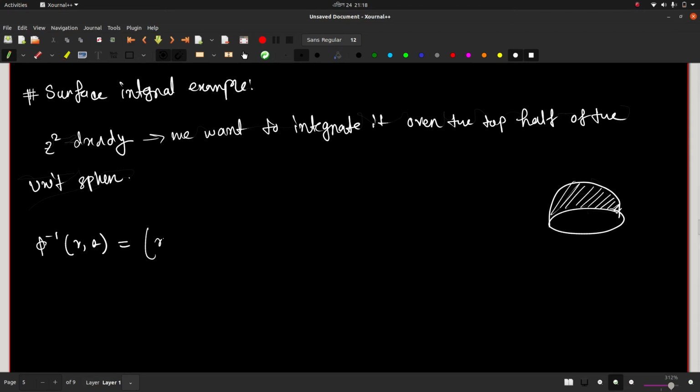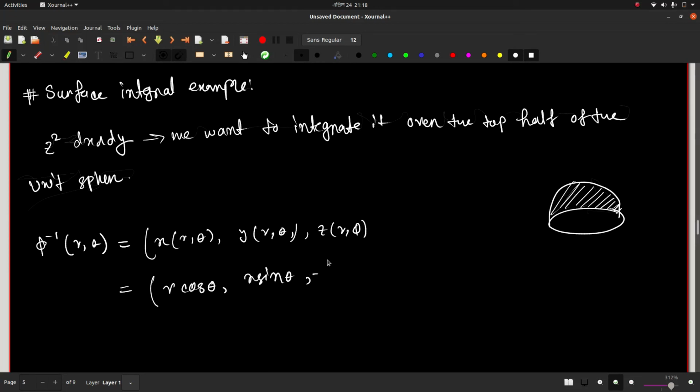My goal is to write x, y, and z in terms of r and theta. So x equals r cosine theta, y equals r sine theta, and z is just the square root of 1 minus r squared.